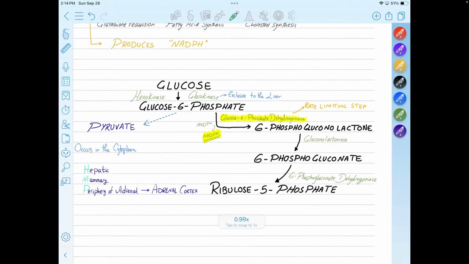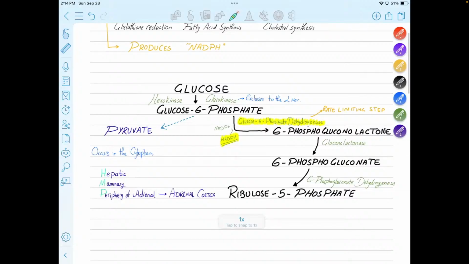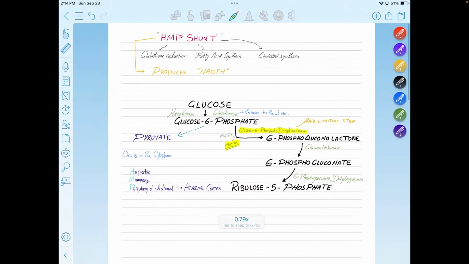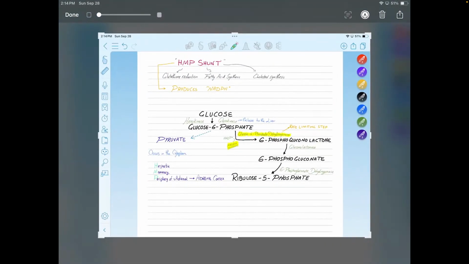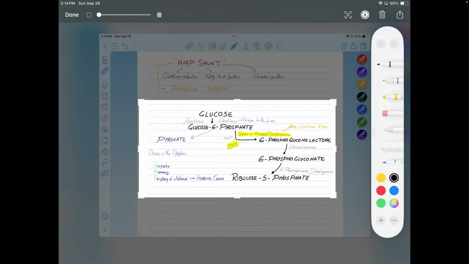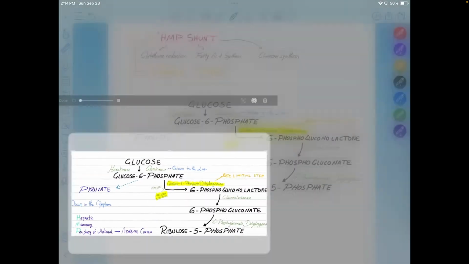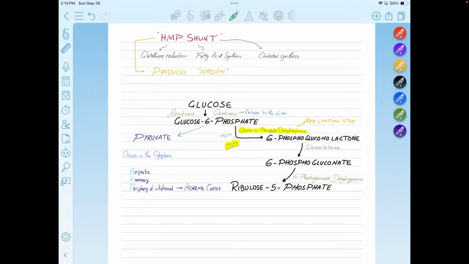So let's take a screenshot of this and add it to the guide, shall we? Let's take a good screenshot and let's go towards the guide and add it there. I don't even know if this screen is getting shared or not. I have no idea. Imagine if it's not though.